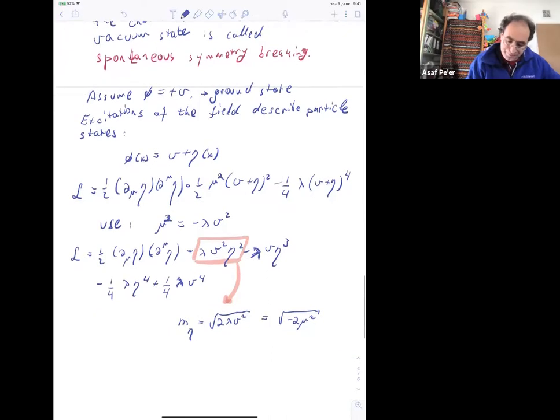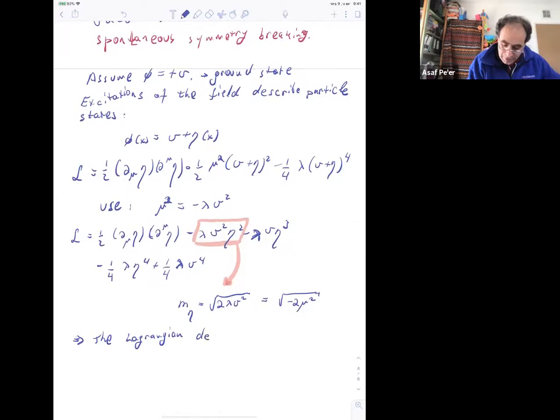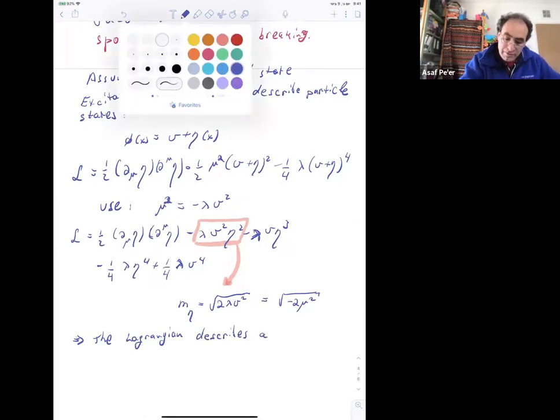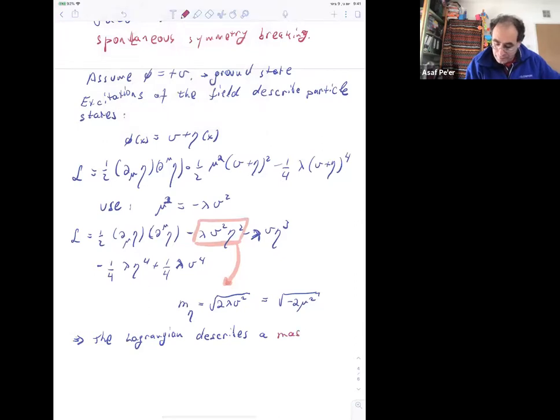So the Lagrangian describes a massive scalar field, eta.